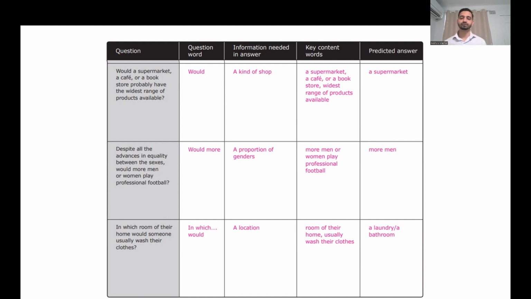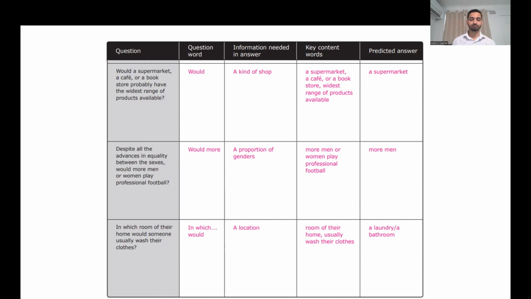So it gives you professional football, and you will think about who plays professional football more. Obviously, it's more men, because there are leagues and all these different types of games that they play, and you can come up with the answer. It's either going to be more men or more women. The correct answer here is more men. All right, let's look at the other question. In which room of their homes would someone usually wash their clothes?